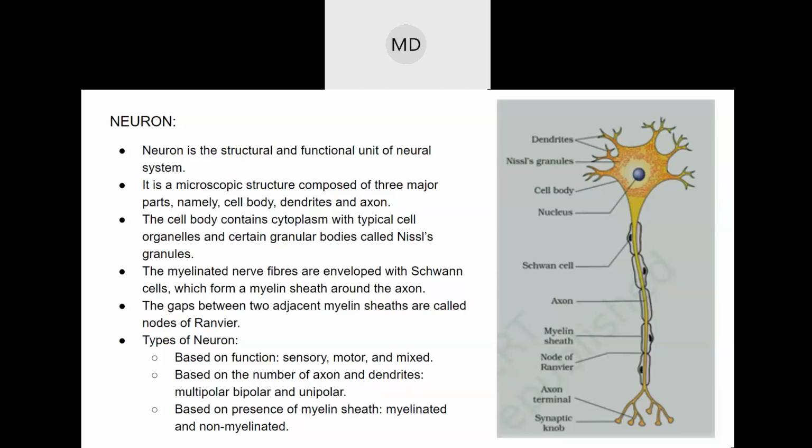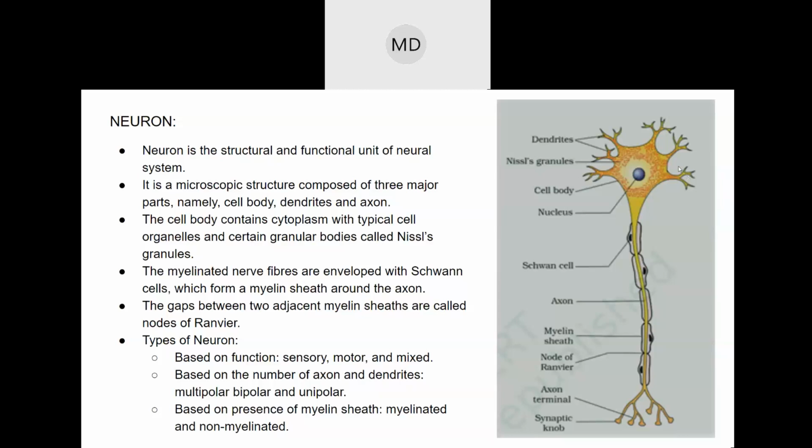In the same way, for the neural system, the nerve cell or neuron, nerve cell and neuron being the same thing, is the structural and functional unit of the neural system, because without the neuron there will be no impulses sent. The neurons carry electrical impulses, and many of these neurons together form the nerve fiber.